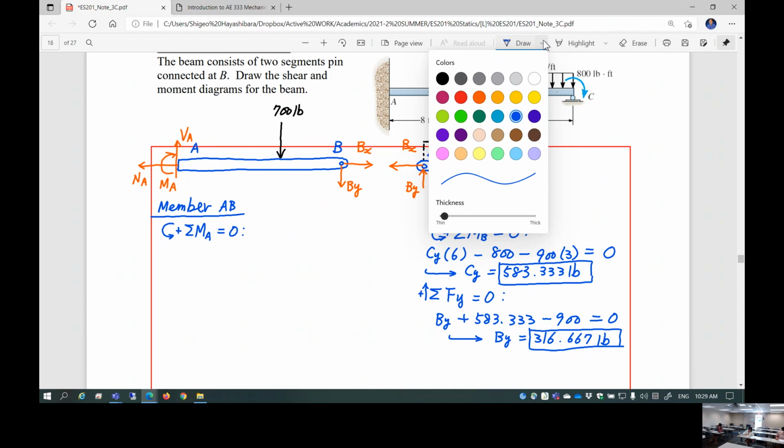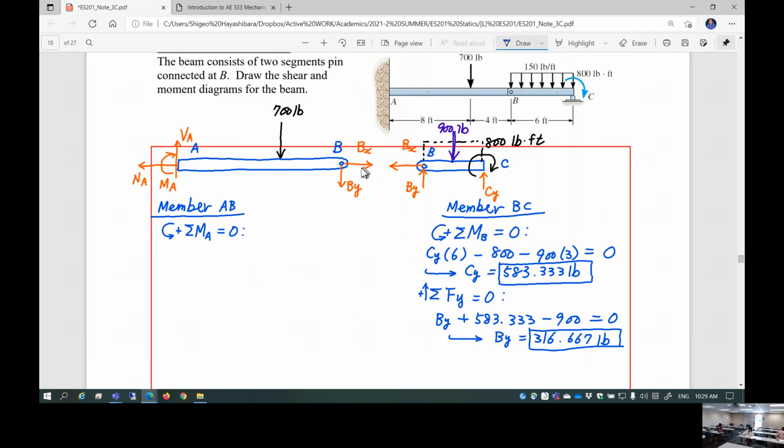So member AB, well, interestingly, now we know By. So if you take a sum of the moment at location A, this Bx doesn't come into play, Na doesn't come into play. The only thing you are interested in is By. Whoa, that's cool, that's really cool.